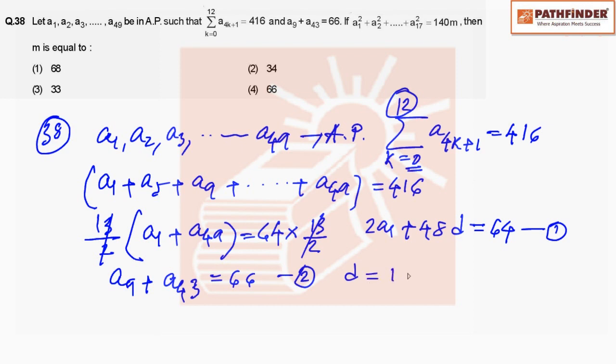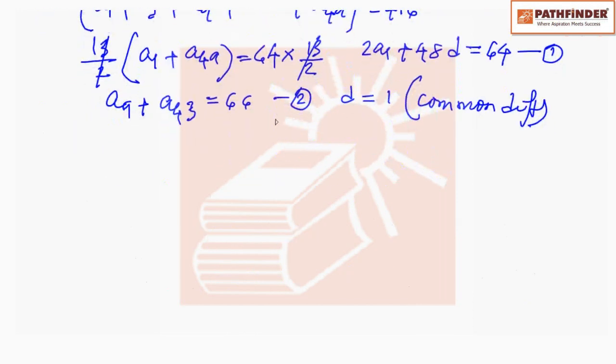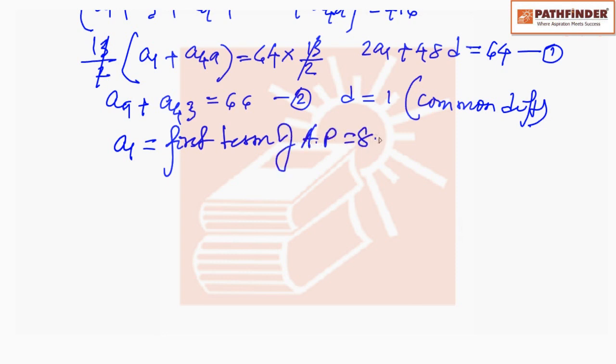D means common difference. And A1, this is the first term of the AP, equals 8.